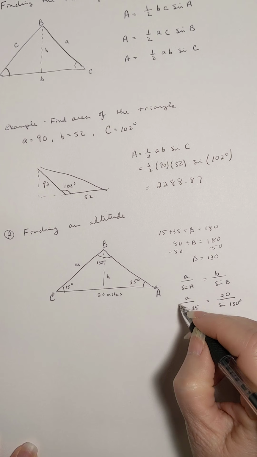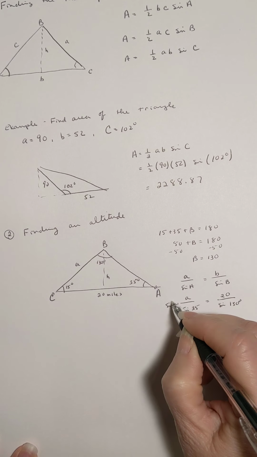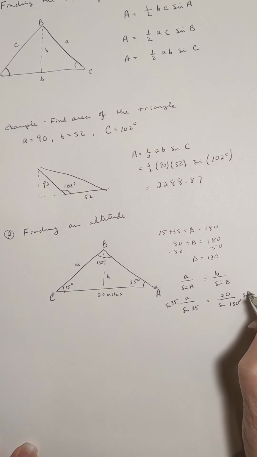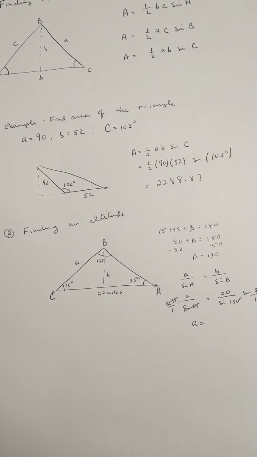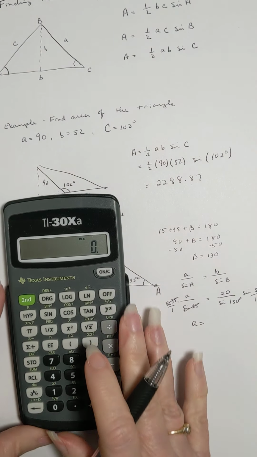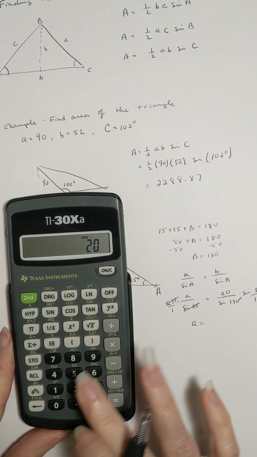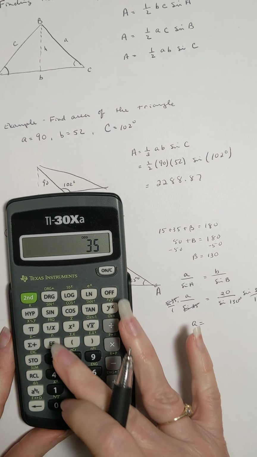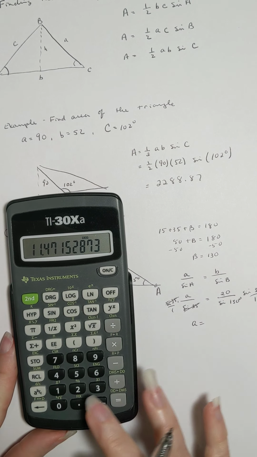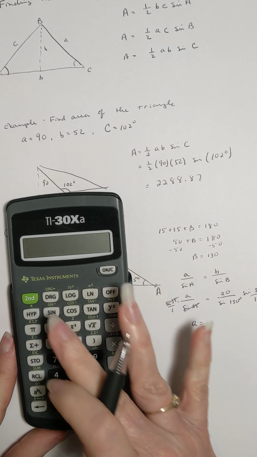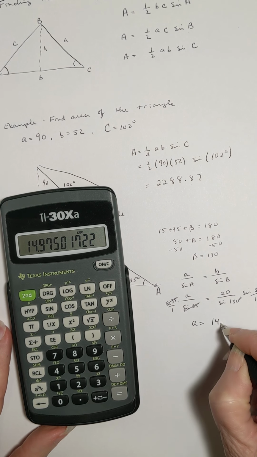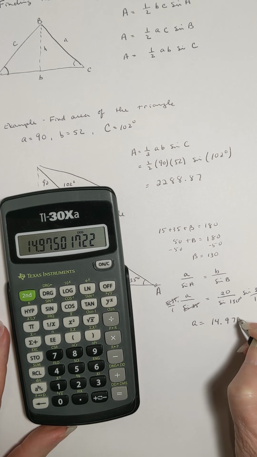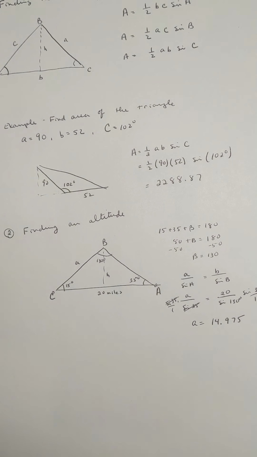Then multiplying both sides by sine of 35, over here they cancel, and I get A is equal to 20 times sine 35 divided by sine 130, which is 14.975. So that's what side A is.